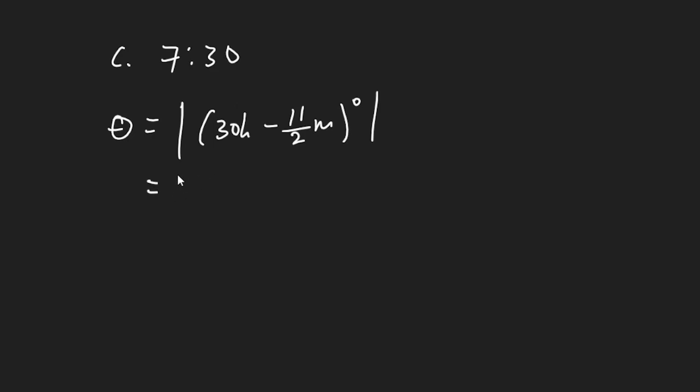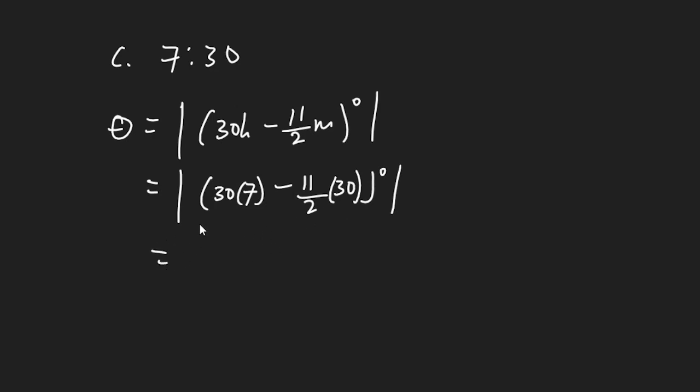So this gives us 30 multiplied by how many hours? 7, minus 11/2 multiplied by how many minutes? 30. And all this is giving us the angle in degrees.